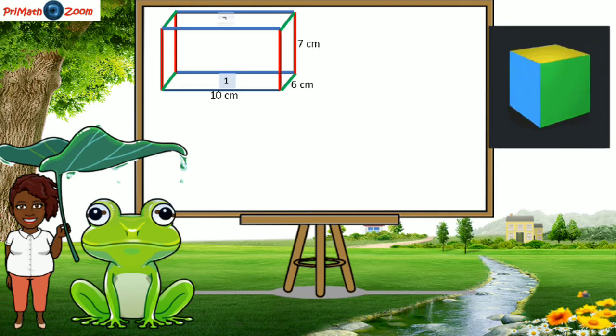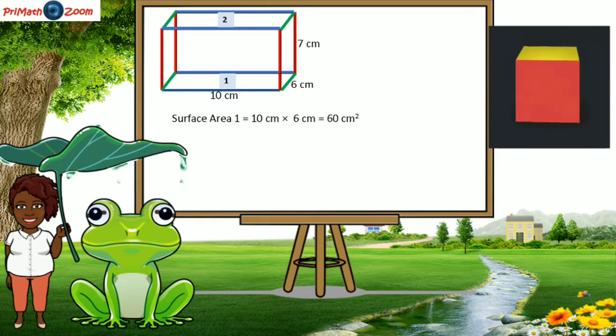So the base and the top have the same surface area. So to find the surface area for the base, we need to multiply the length by the breadth, and that is 10 centimeters by 6 centimeters. And this will give us 60 squared centimeters.